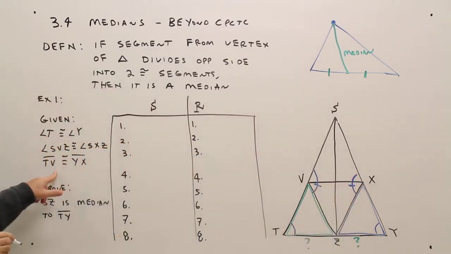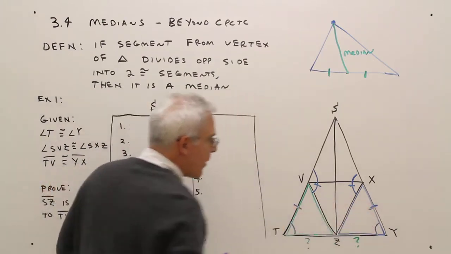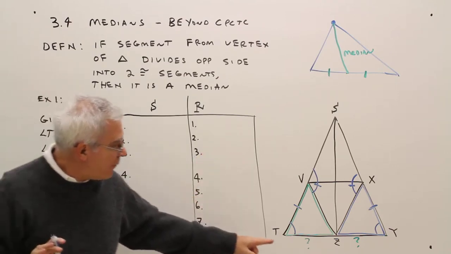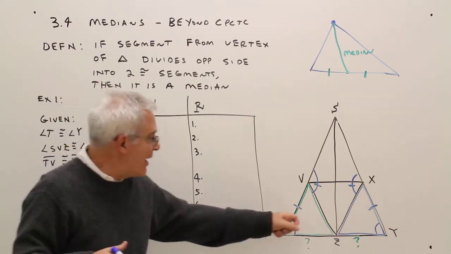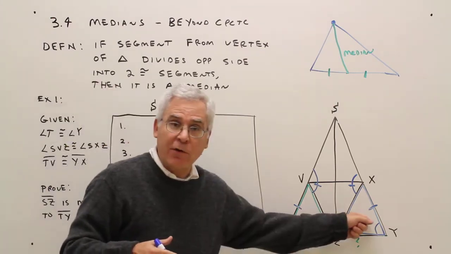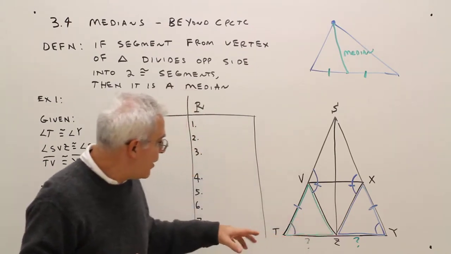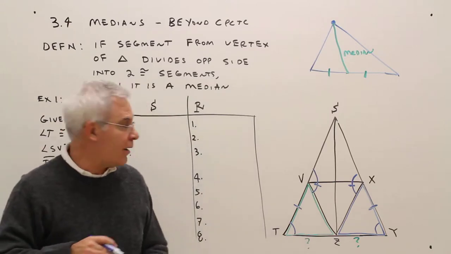And TV is congruent to YX. Okay, so I've just marked up the diagram. I've put question marks what I'm trying to find. I think indeed I will try to get those two triangles congruent and then get those parts and call it a median. So now my goal is to get green triangle congruent to blue triangle.